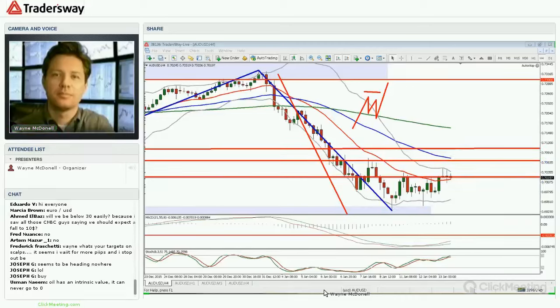Usman says, oil has an intrinsic value, it can never go to zero. Well, Usman, let's say right now we know the world is oversupplied. Oil prices are down. And you're a speculator, and you say, you know what? I'm going to rent an ocean liner, a freight.